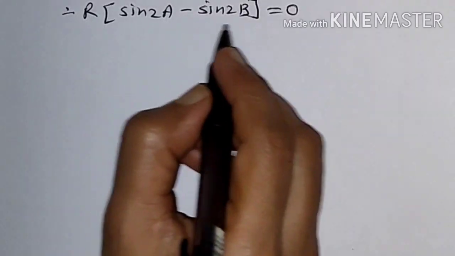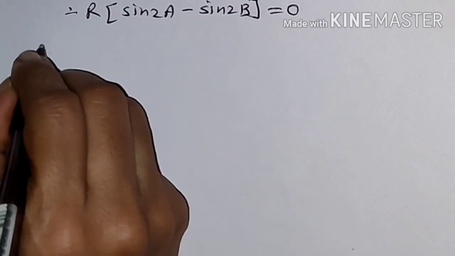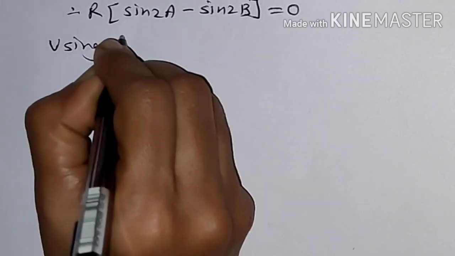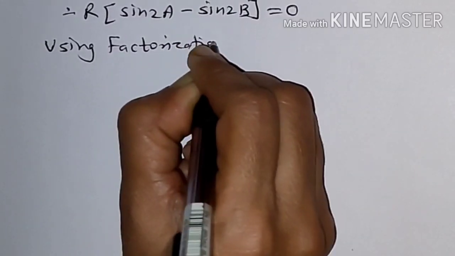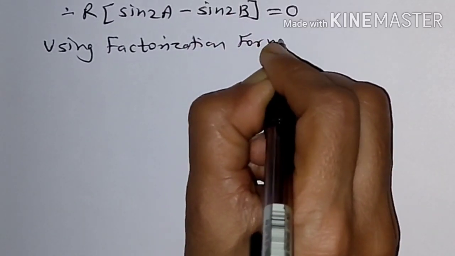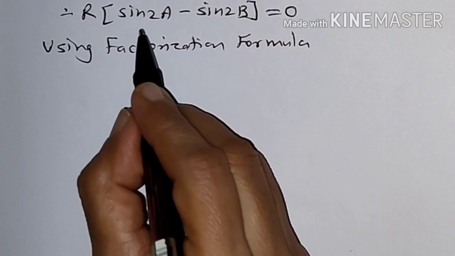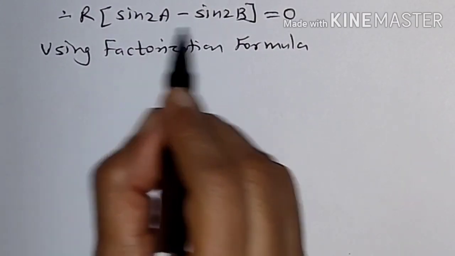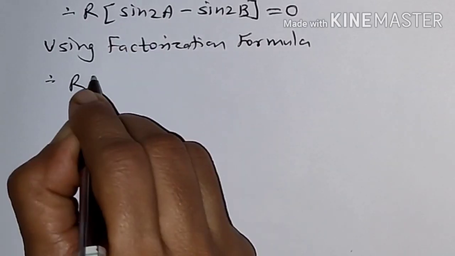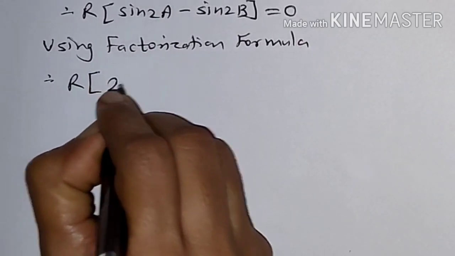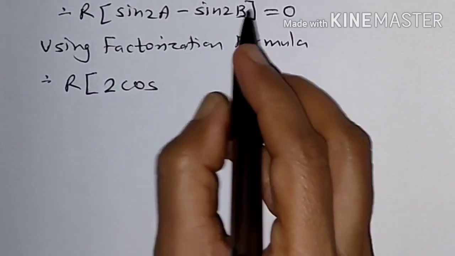Now using factorization formula, sin C minus sin D formula, if you use here, then you'll get R into 2 cos (C plus D) by 2.